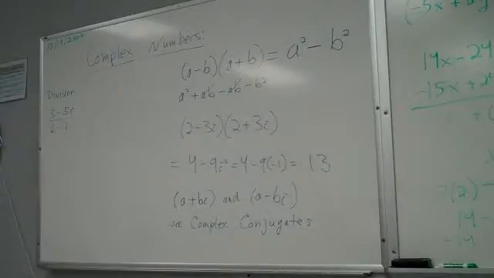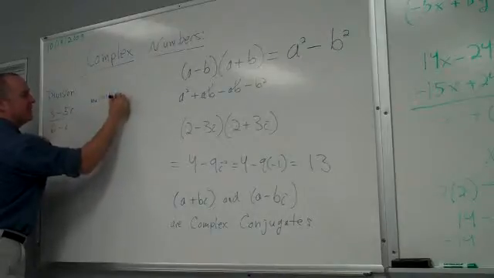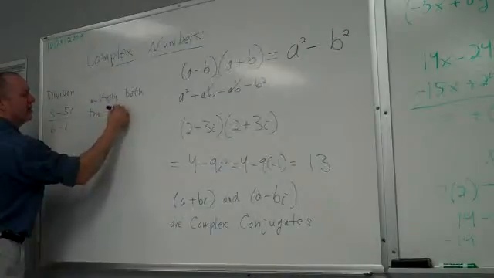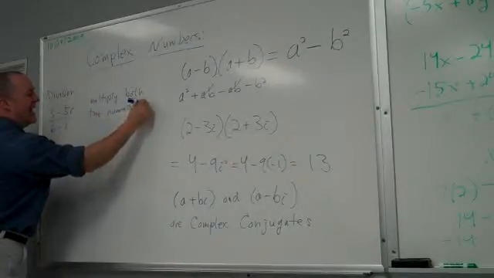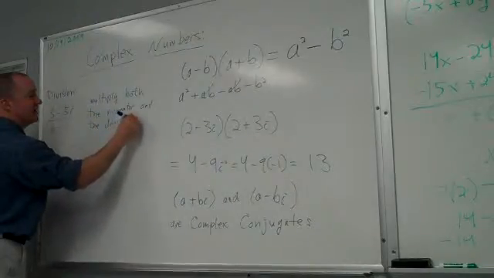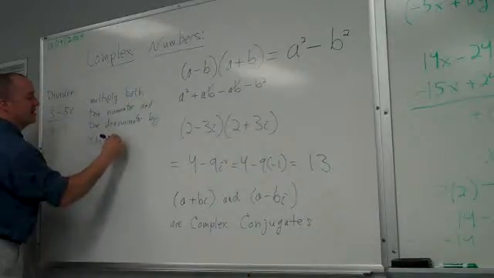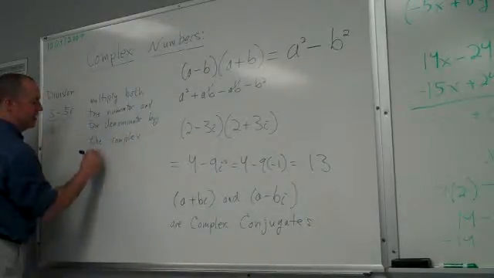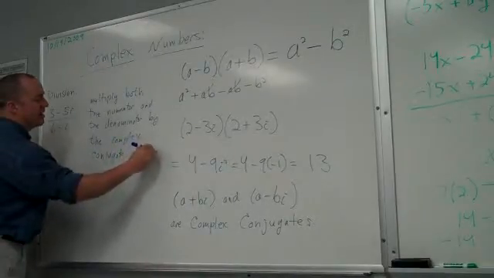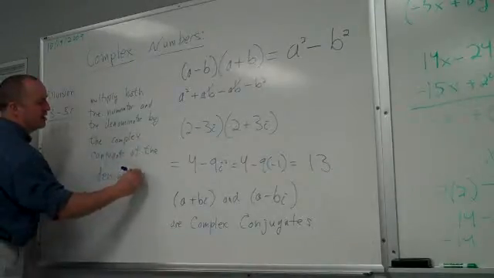What you have to do is multiply both the numerator and the denominator by the complex conjugate of the denominator.